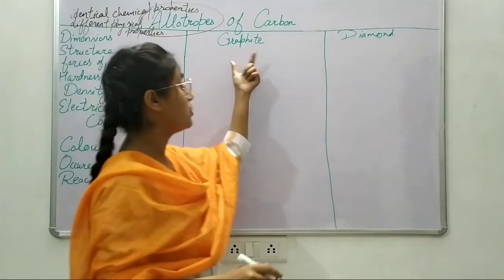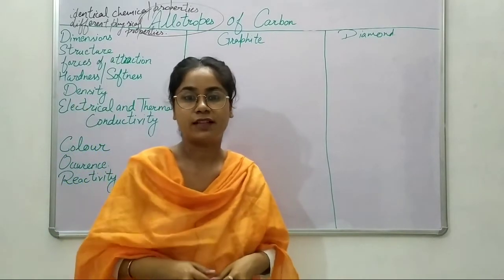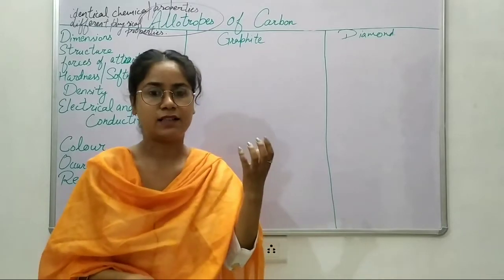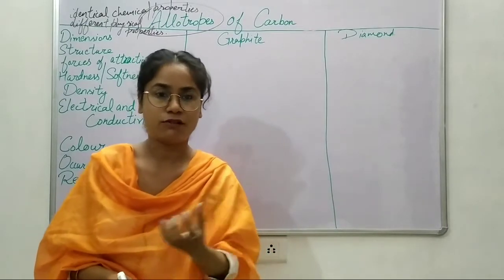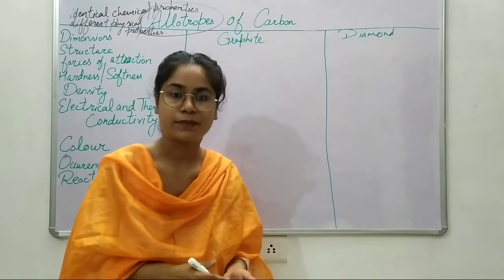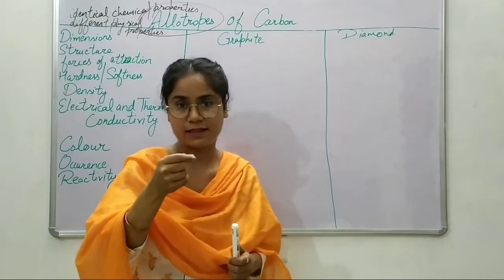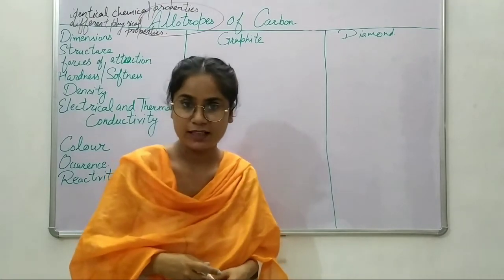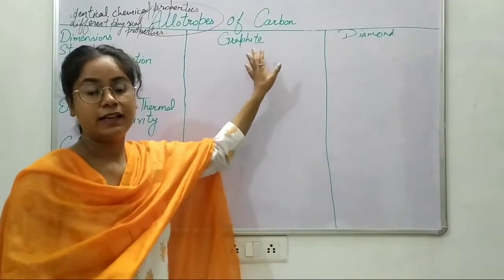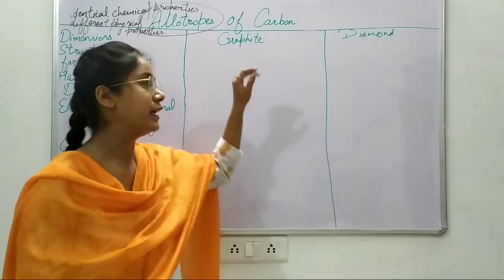Now first we are going to talk about graphite. What is graphite? It is a soft form of the element which is usually used in our pencils. The nib of our pencil is made of graphite.